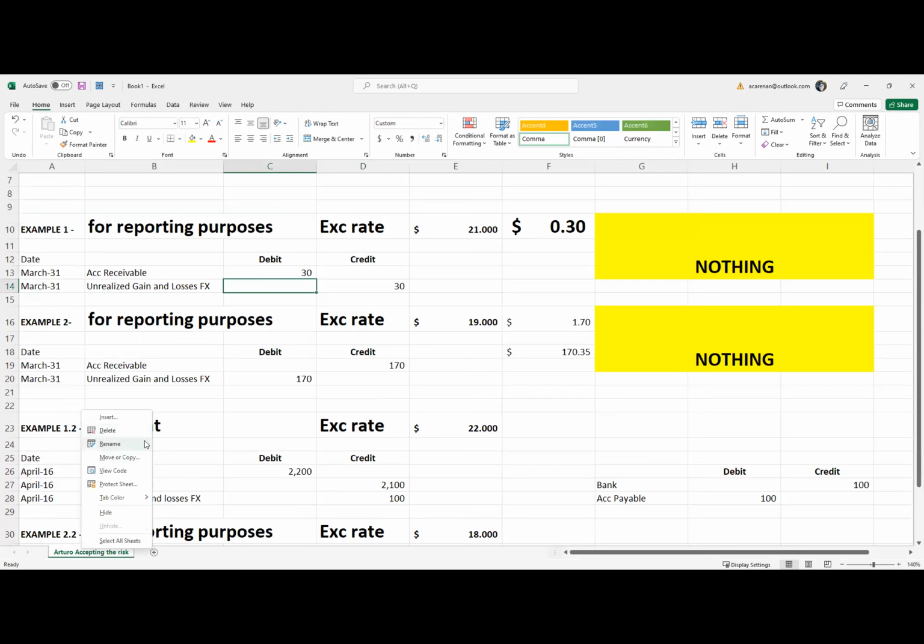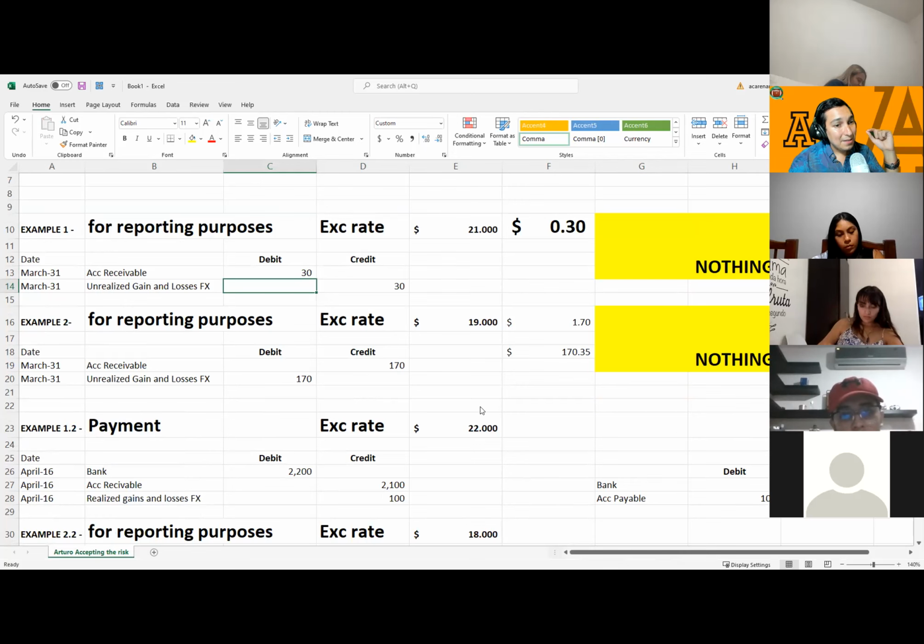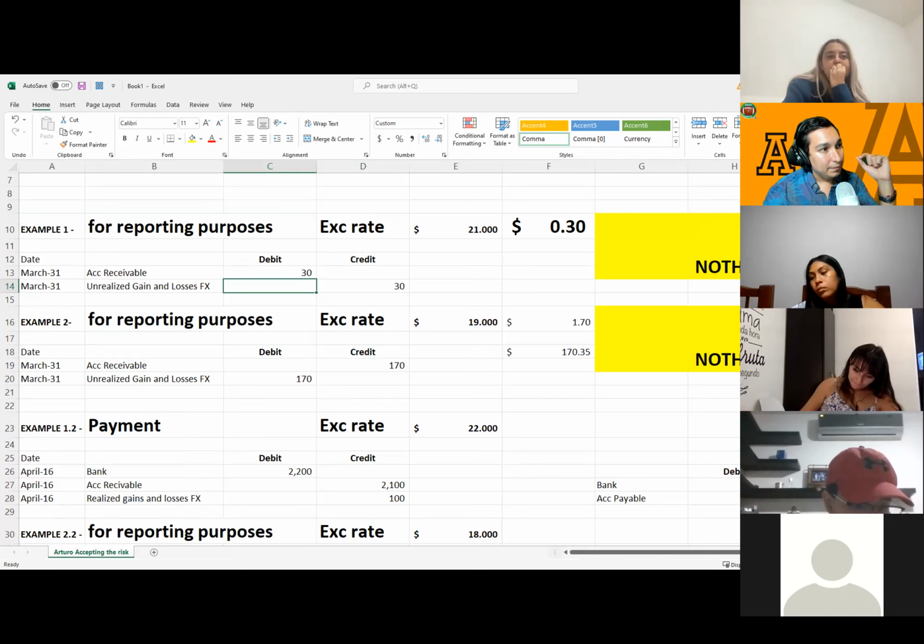We will leave it for later, but I will show you how you can create your synthetic hedge. How you can hedge these transactions.